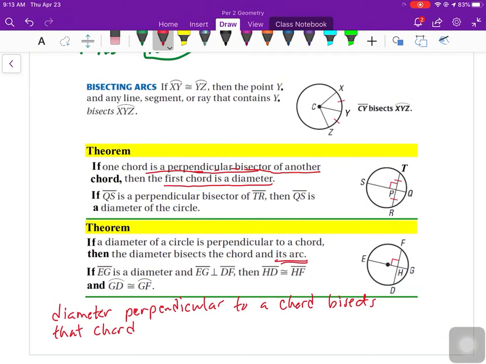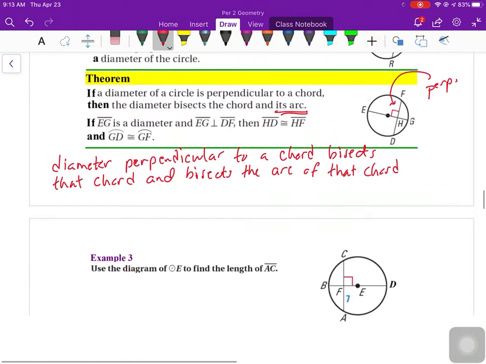And it also bisects the arc of that chord. So a diameter that is perpendicular to a chord will bisect the chord and its arc. And we can tell that it's perpendicular by that right angle that's there.